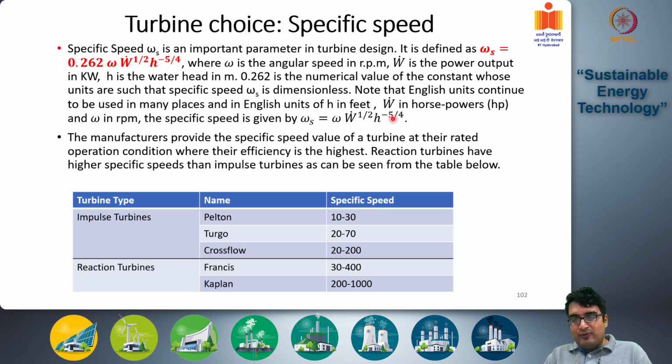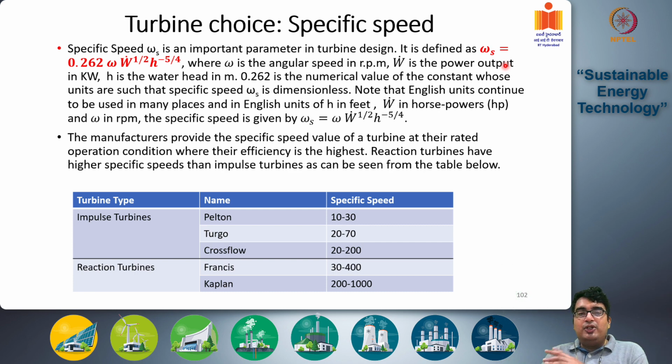So this is the English version from which we have created this SI version, and then we get a conversion factor of 0.262 to make this specific speed dimensionless. So it's a dimensionless number helping us to select different turbine designs.